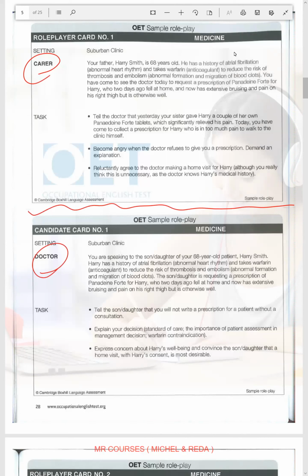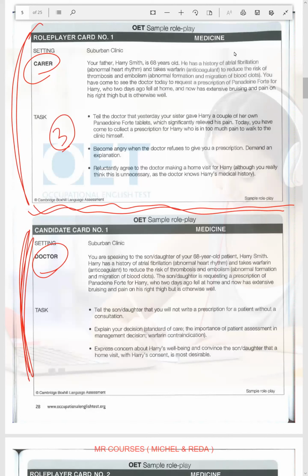We have 3 minutes to read this, you and me. I have a stopwatch. I will adjust time to finish reading. I will cut this. I will give you this only. I'm a doctor and you are the patient or the carer. You will have this and I will have this.